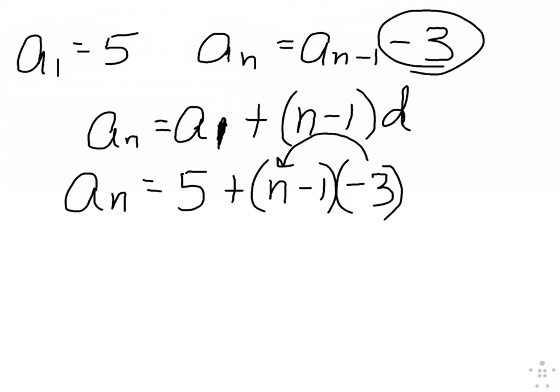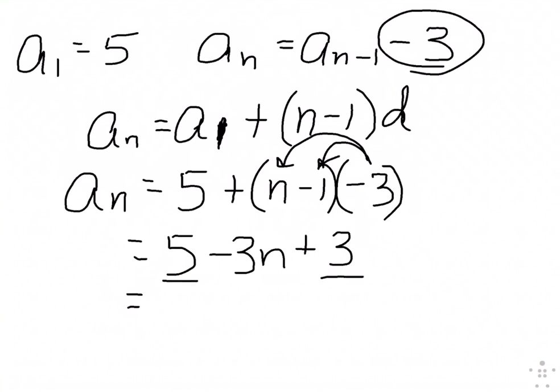So, to finish it out, distribute. What's negative 3 times n? Negative 3n. And what's negative 3 times negative 1? Plus 3. And what's 5 plus 3? 8 minus 3n.